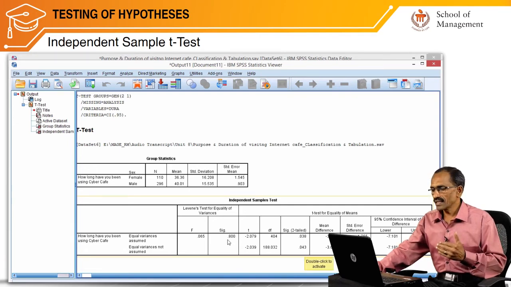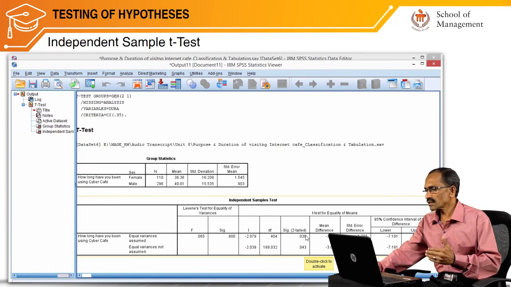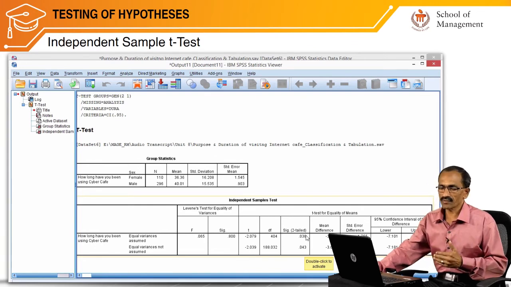That means if the significance value is less than or equal to 0.05, we violate the assumption of equal variance assumed. If it is above 0.05, we cannot violate that assumption. Then we have to retain this row to be interpreted.